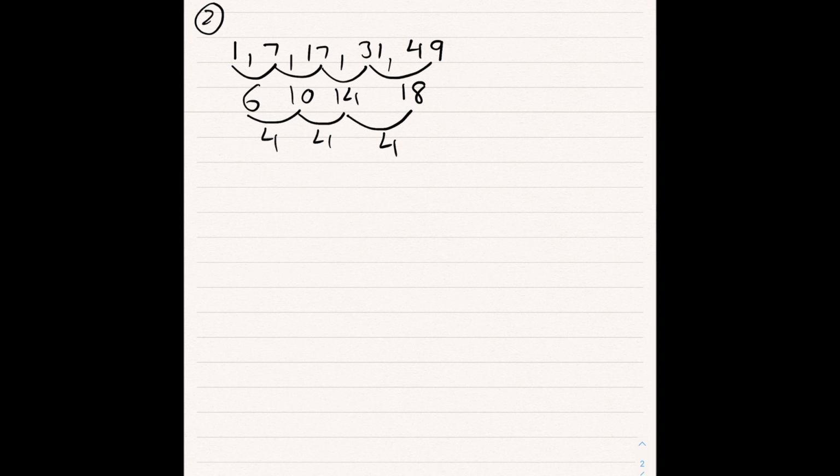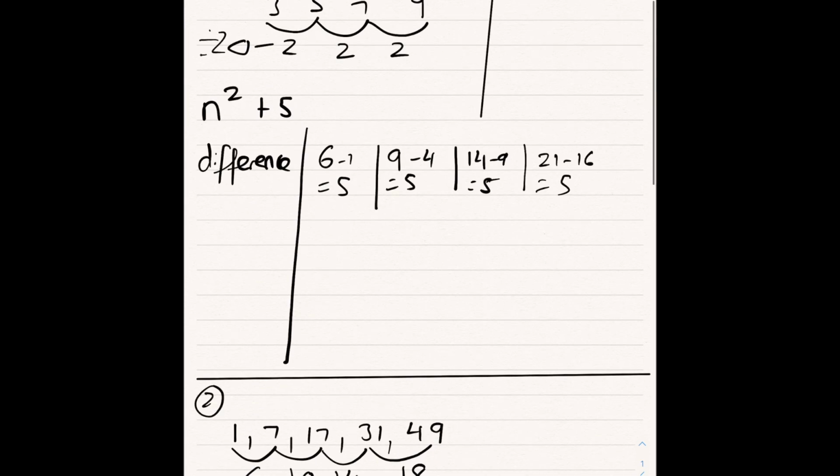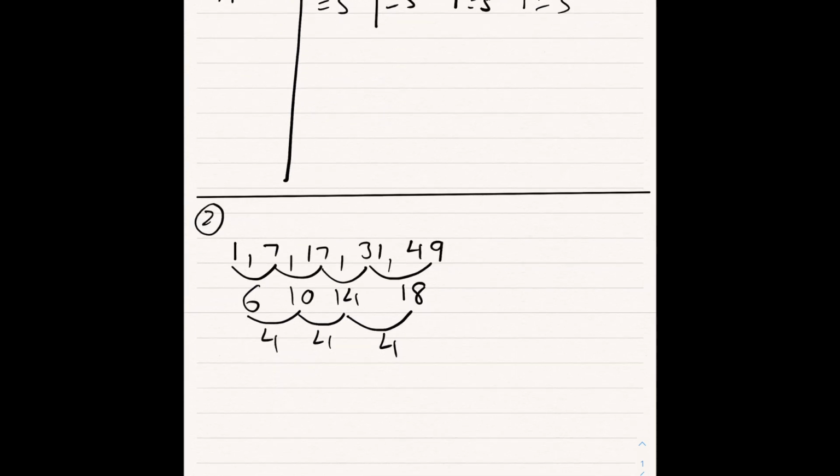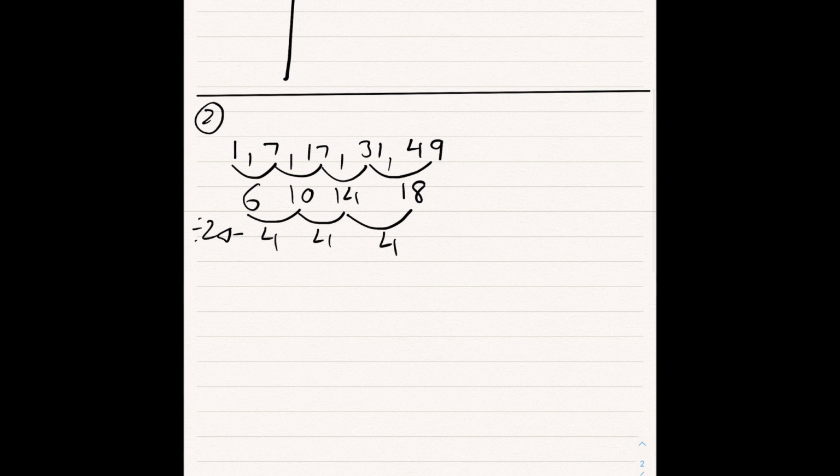Now remember what I said in the first question. We must divide by 2 to get the n squared. So divided by 2, we have 2n squared. Now, as I said before, you must find the difference from the square numbers.